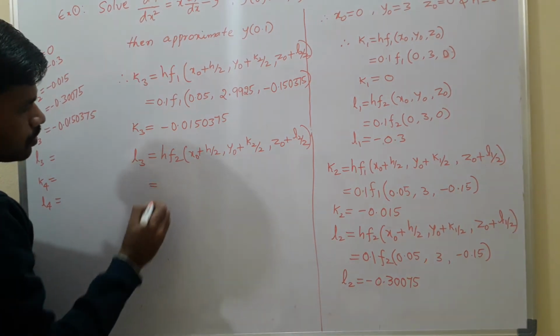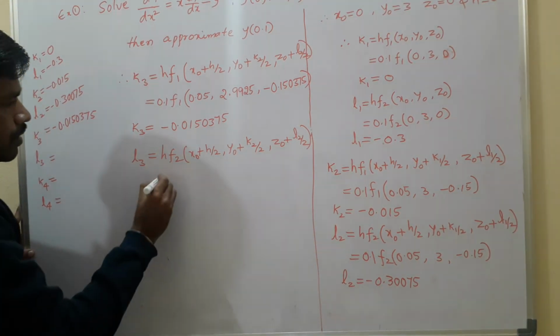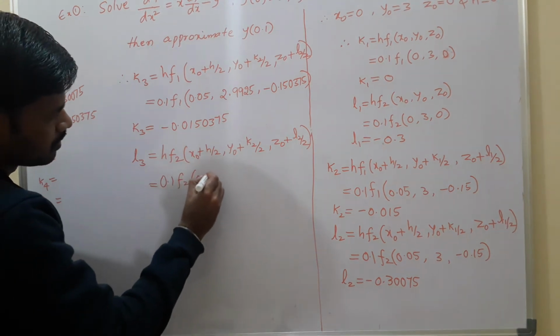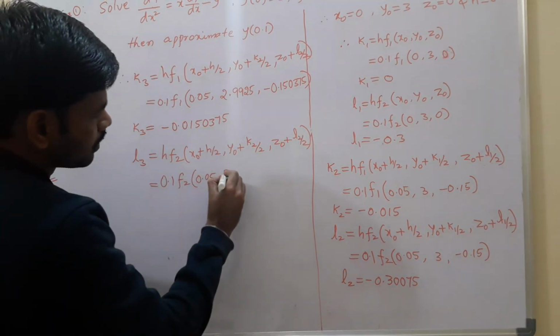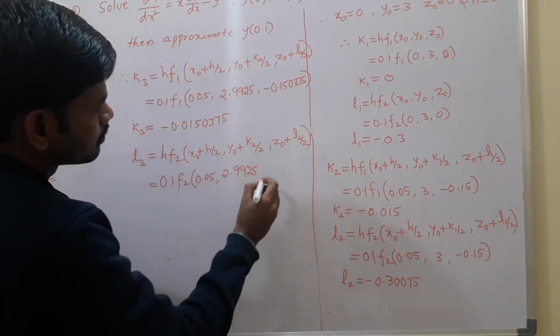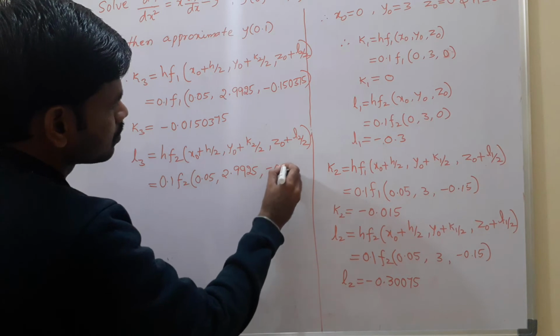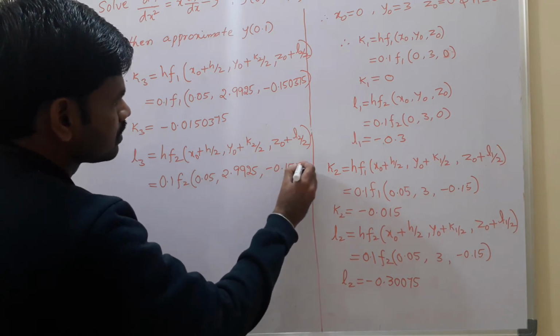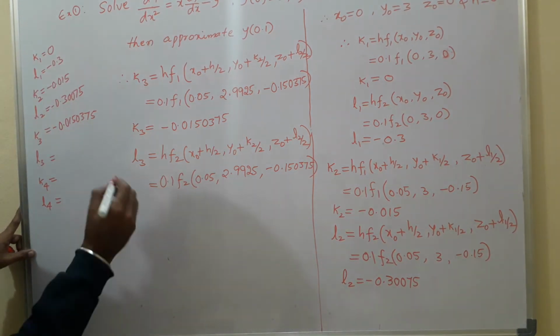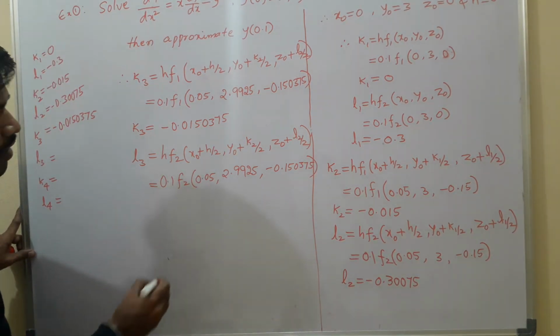So that is equal to 0.1 F2 of 0.05, 2.9925, minus 0.150375. So the second function is xz minus y.